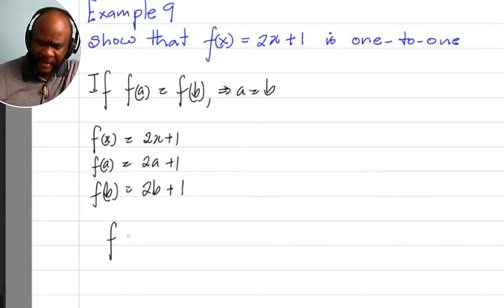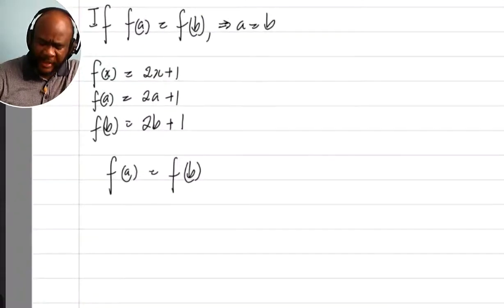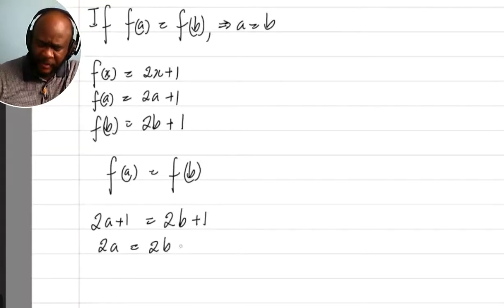Now, if f of a is equal to f of b, then 2a plus 1 is equal to 2b plus 1. So therefore, 2a is equal to 2b plus 1 minus 1. So 2a is equal to 2b.